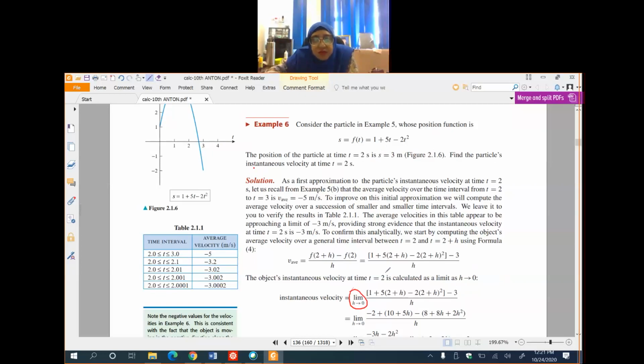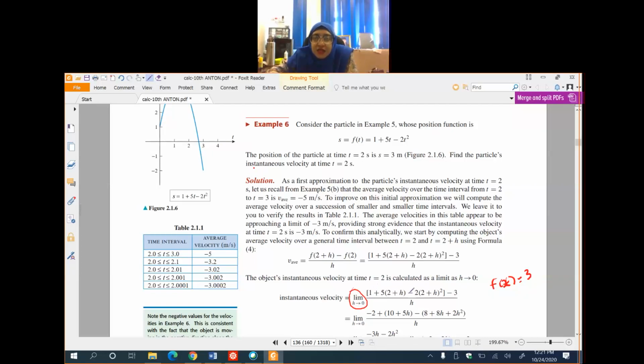Here f of t naught is f of 2, so t is equal to 2. So f of 2 is equal to 3, and that's why you can write 3 here. This one is actually f of 2.